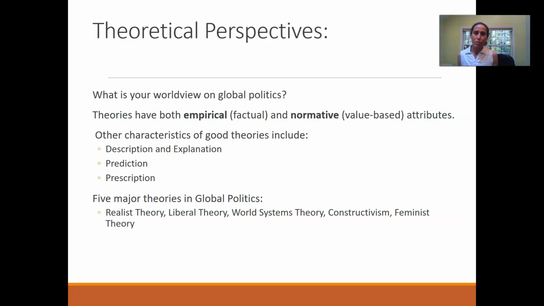Now, theories are based on studies and research that is partially normative. It's about values. It's about how do I conceptualize the world. And it also has an empirical part, which are the facts that I can then look at and say, I believe the world operates in a certain way because I can look at it and I can see some things happening.